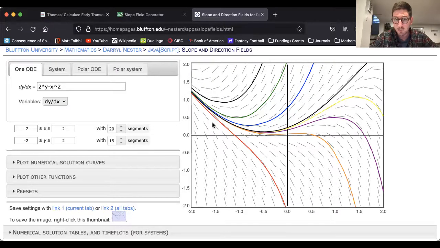Whereas if I started at -1.5.5, it looks like my function is going to go off to -infinity, right? So we can get some general ideas of the characteristics of these functions based on where they're starting. And you can very easily pick these starting points by just sort of clicking anywhere on the graph.